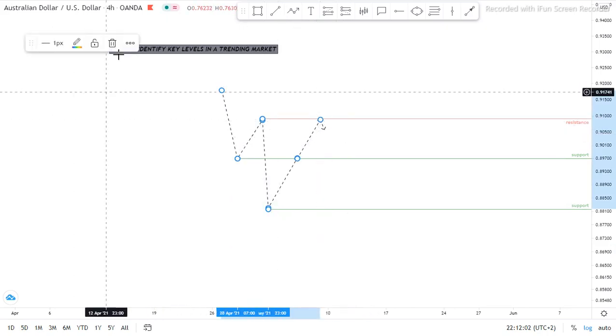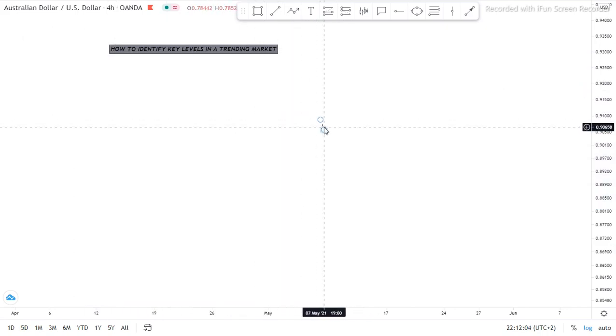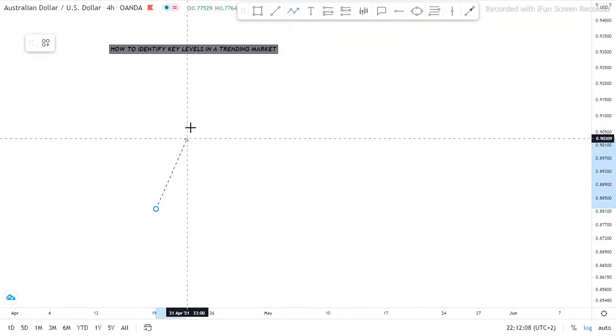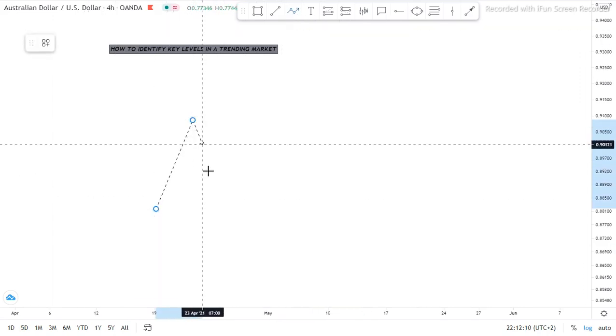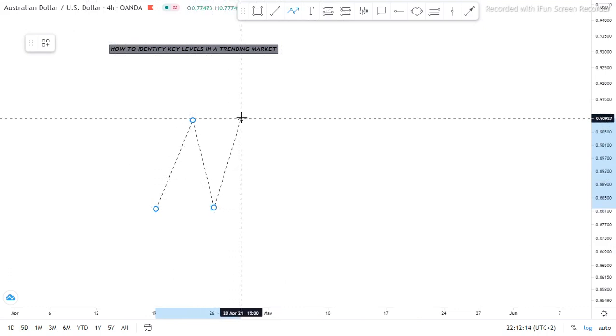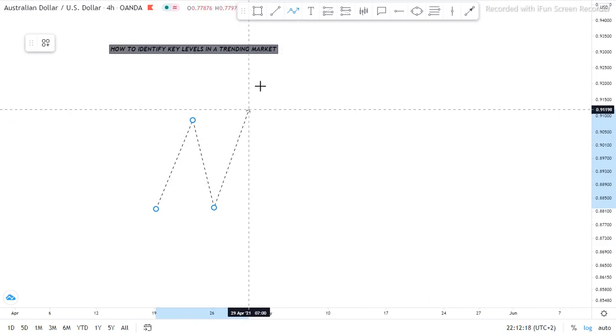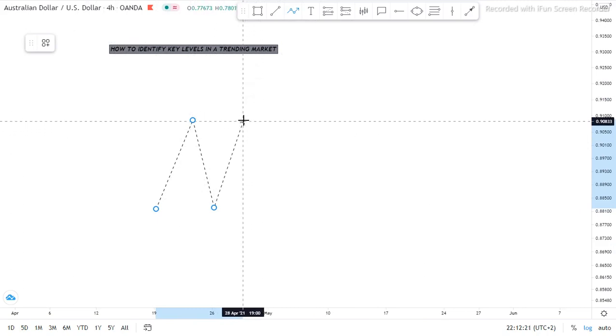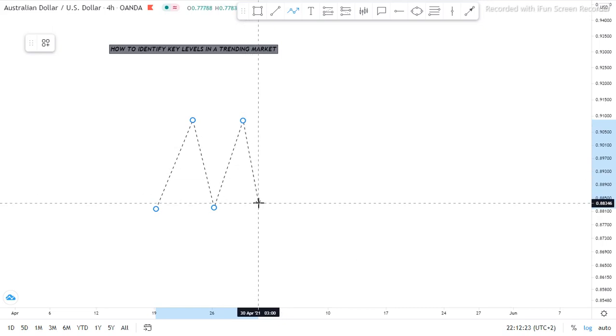Now, as I said, guys, in a sideways moving market, this is where the market is moving up. It creates a high, and then it creates a low, and then it goes back to the high. So instead of breaking the high to move higher, it respects that high, and then it comes back down.